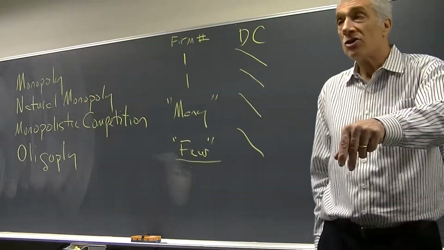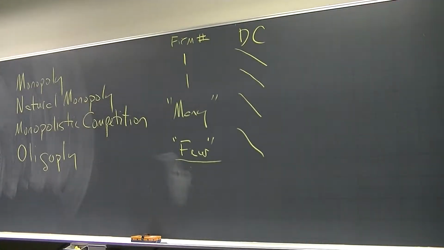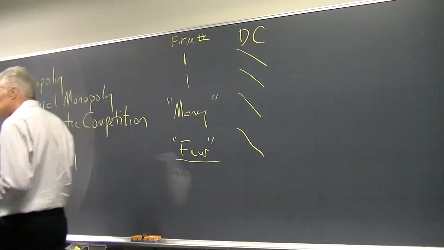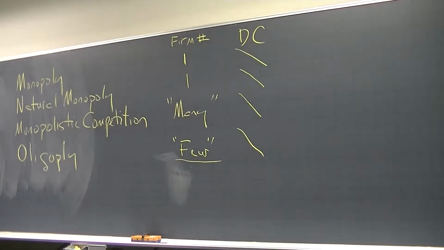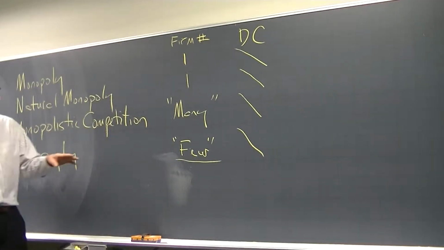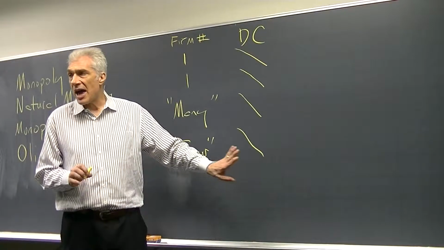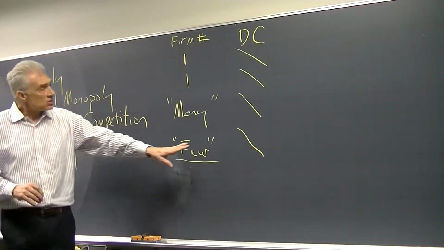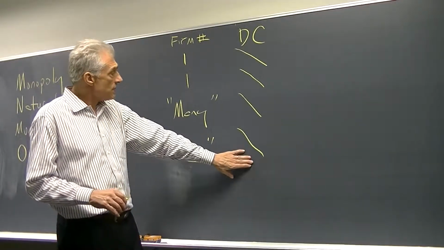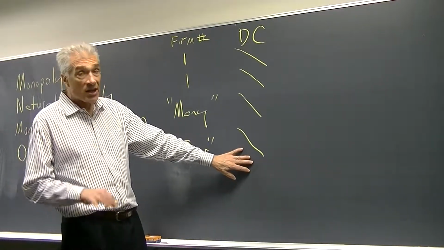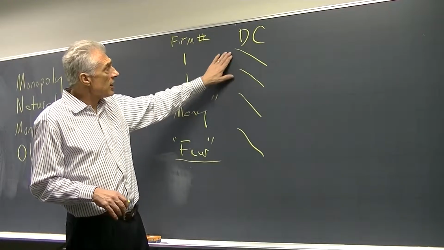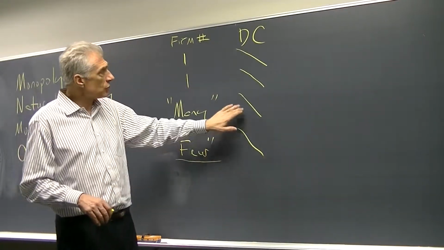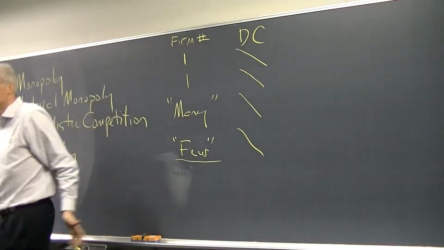Now, one student noted that there's the kinked demand curve. That is technically possible, but I haven't talked about that. I'm just giving you a very general overview. That answer was not incorrect, but the big picture is they're all downward sloping.